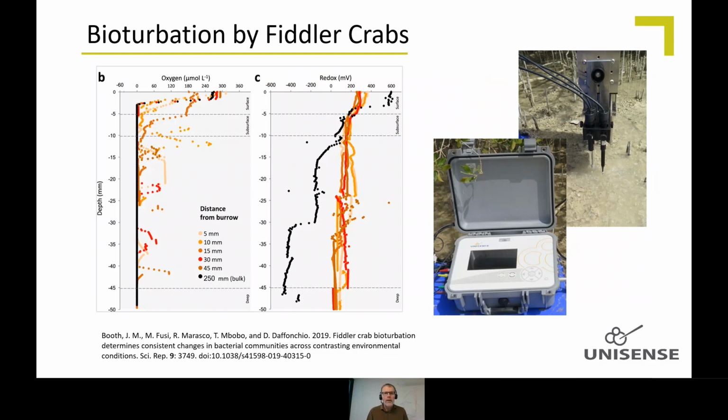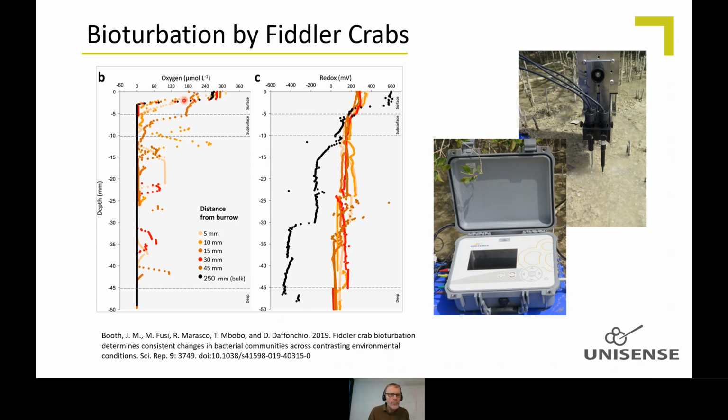What they found was that they measured oxygen and redox into the sediment down to 50 millimeters depth. Black dots indicate bulk sediment, so far away from any burrow by the fiddler crabs, and the other dots, the lighter ones, are 5 millimeters, 10, 15, 30, and 45 millimeters away from these burrows.